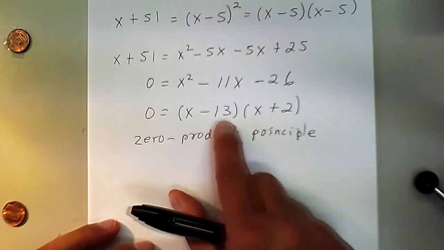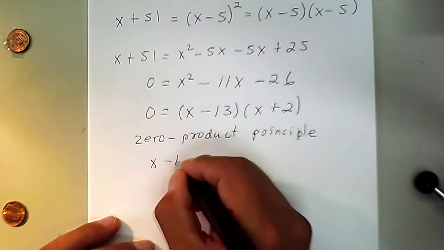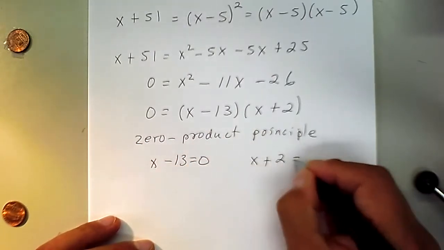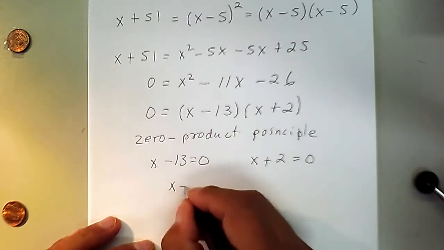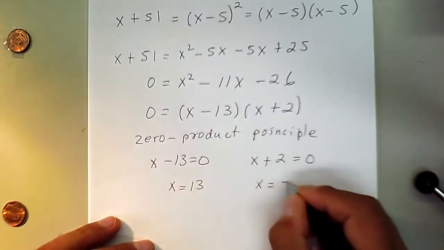And we have to come up with all the possibilities. So on one hand, x minus 13 is equal to 0. On the other hand, x plus 2 is equal to 0. In this case, x equals 13. And in this case, x equals negative 2.